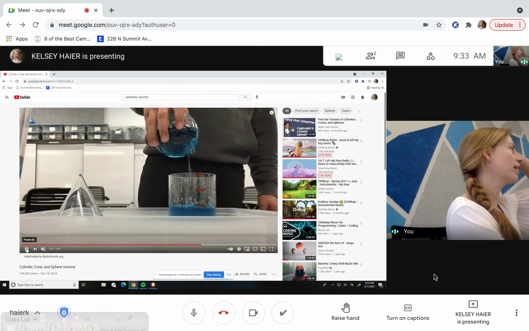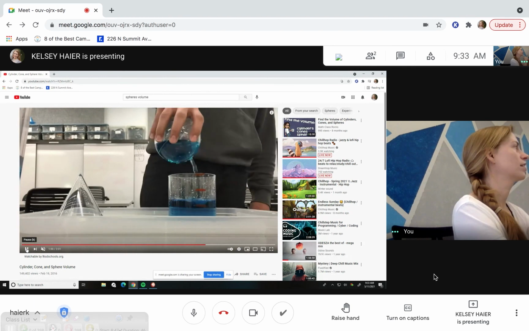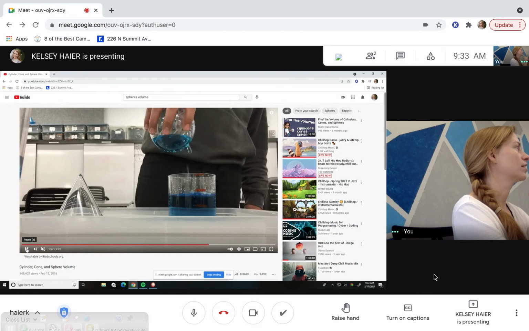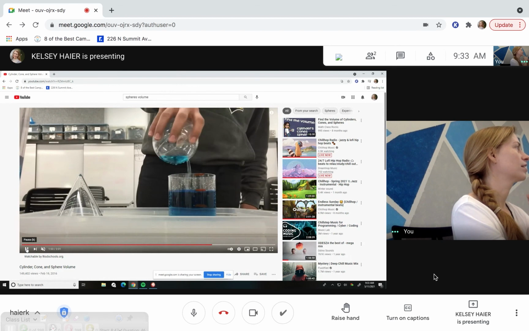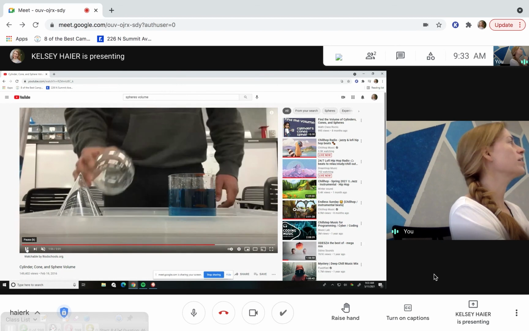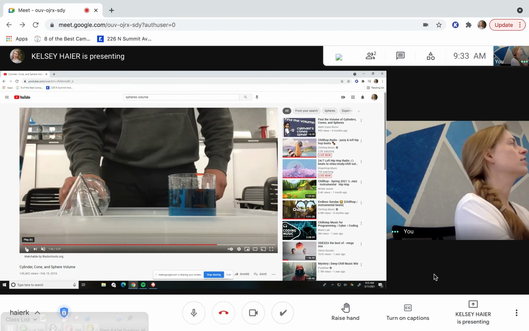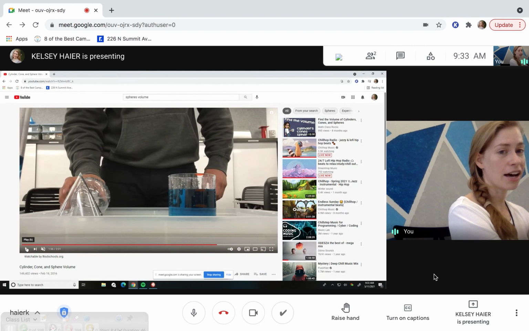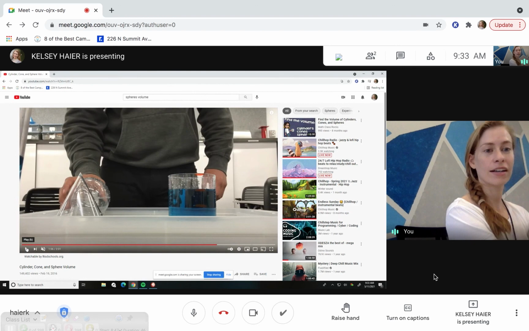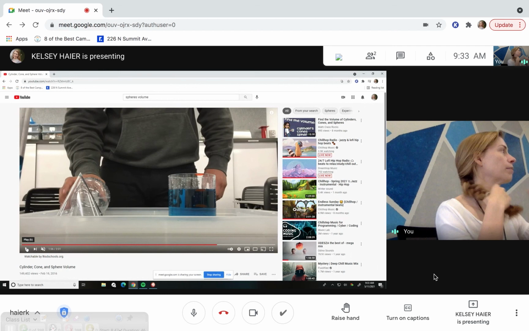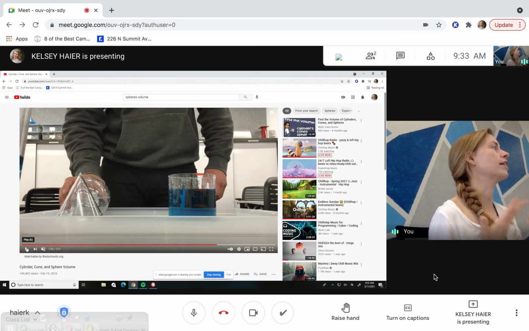So if you notice, it actually hits 2/3. But if we were to continue to fill it up, we would have 4/3. It would overflow. So if we did 2 of these, technically it would hit 4/3.